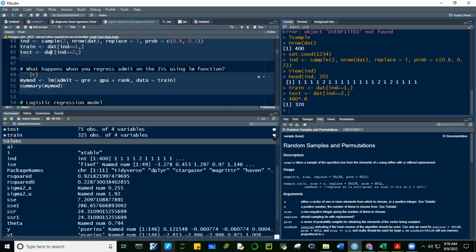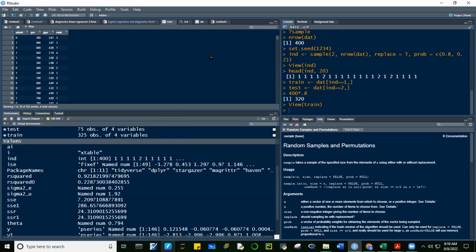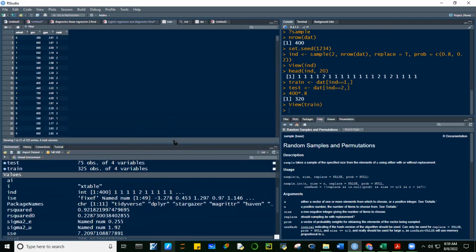So let's take a look at our train. Okay, what do you notice about our train data set? So si train data set 325 na lang, no? Okay, so sino kasama sa kanya? Take a look at the rows. Row 1, 2, 3, 4. So nawala si 5, di ba? Wala na si 5 dito.